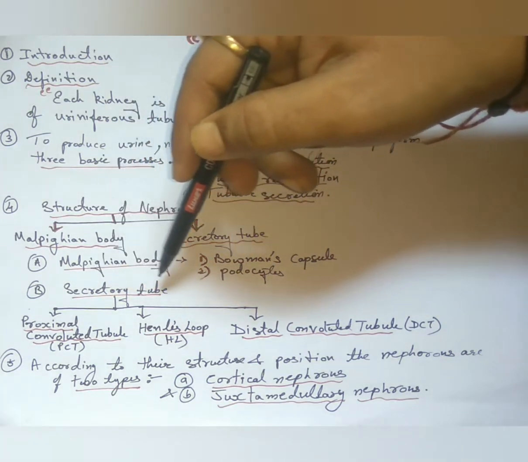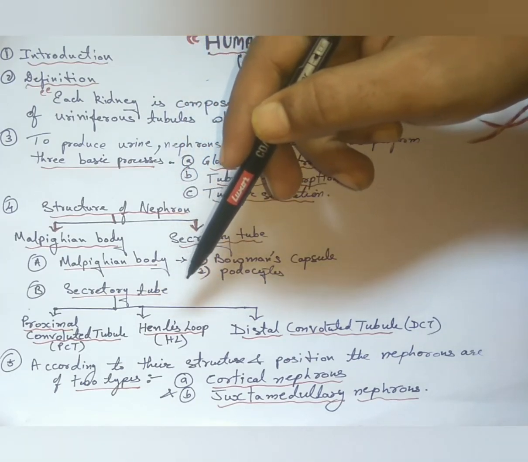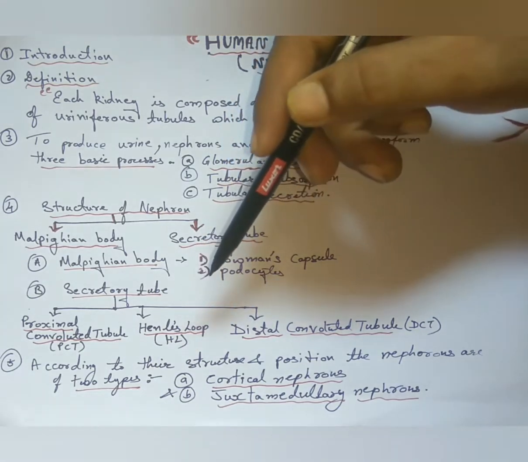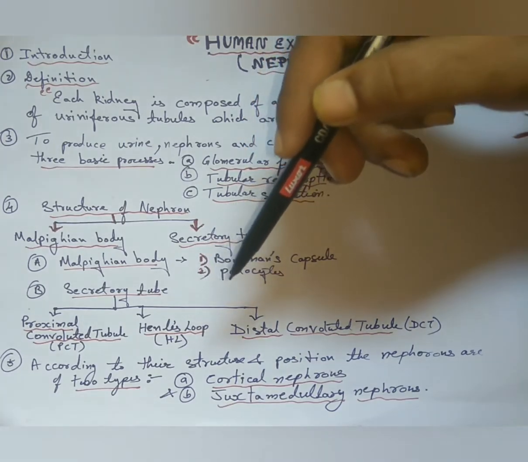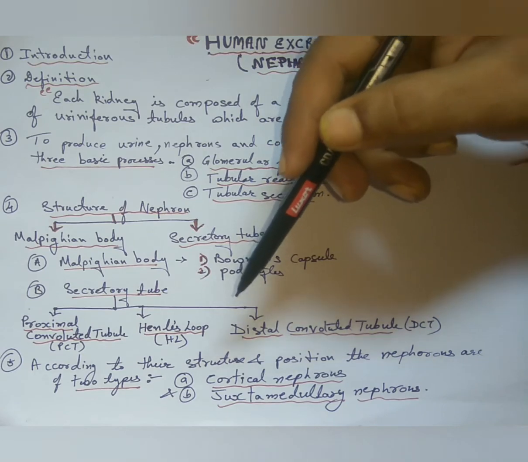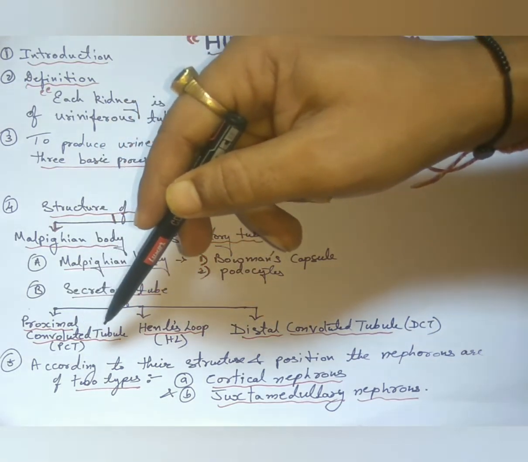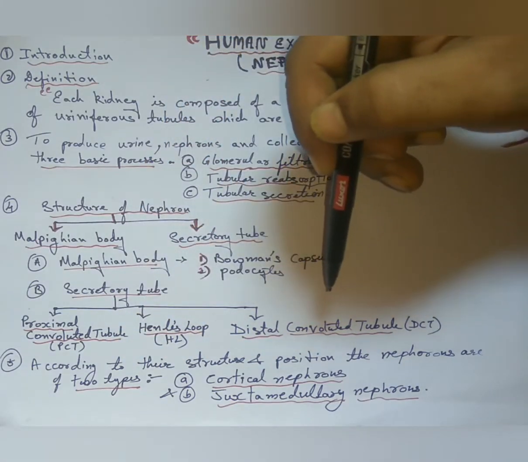Next, we come to the secretory tubule. The part of the uriniferous tubule which lies behind the Bowman's capsule is called the secretory tubule. This part is in the form of a long, narrow and coiled duct which is divided into three parts: proximal convoluted tubule, Henle's loop and distal convoluted tubule.